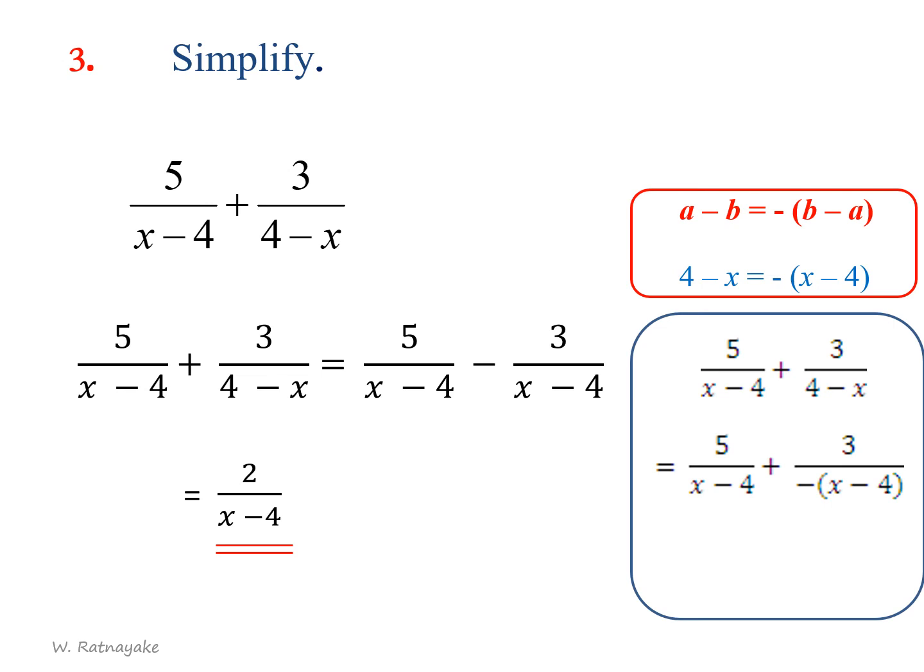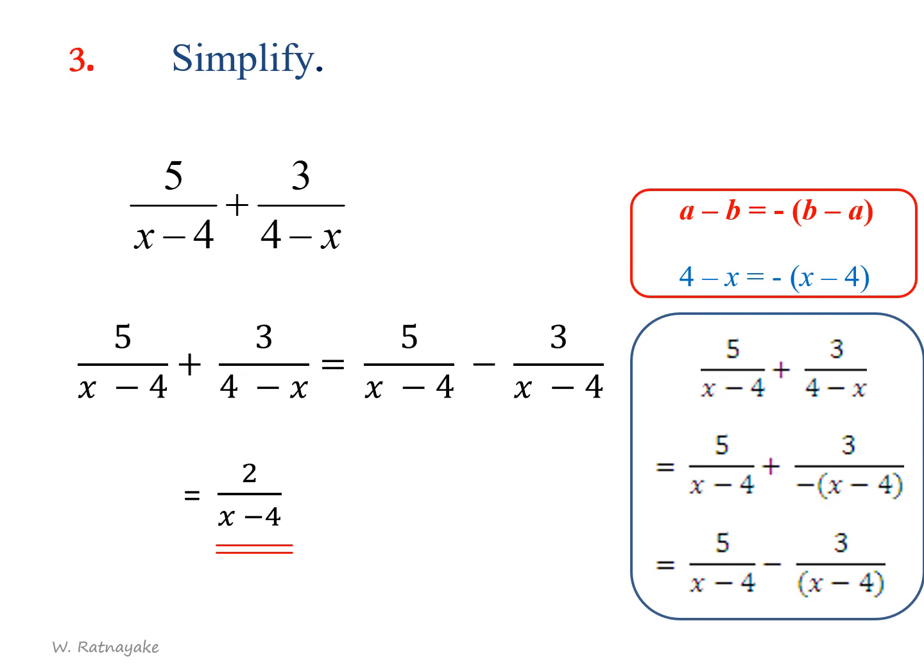Now here we know when a positive number is divided by a negative number, the result is negative. Positive 3 divided by negative (x minus 4): instead of these two signs, we can write only one negative sign according to that rule. Then finally we get 5 divided by x minus 4 minus 3 divided by x minus 4.